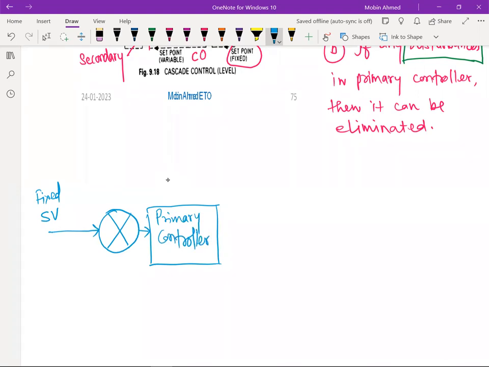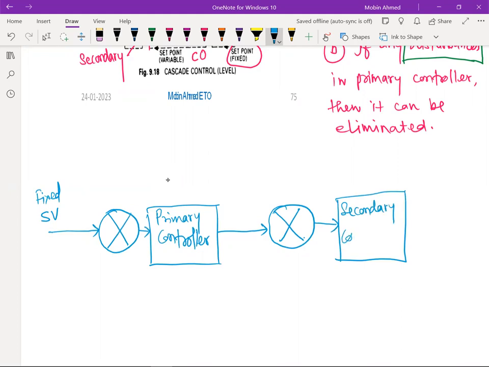Then the output of this one is given to the comparator, and the output of that one is given to the secondary controller, and this output is given to the plant and process. Okay, so this is a control output that is given to the plant and process.